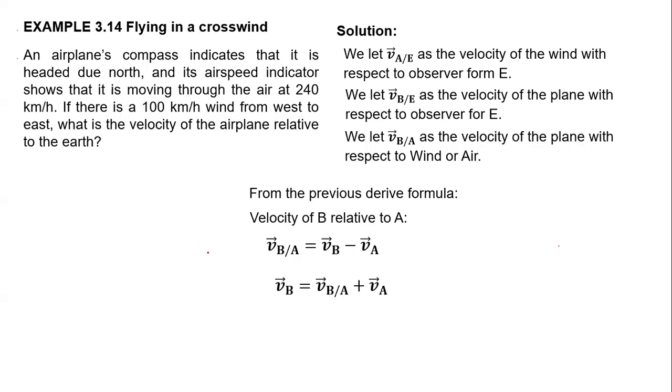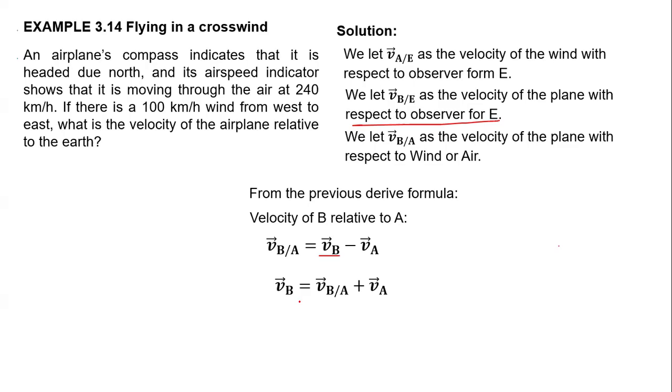Here, we can rearrange this since we want to know the velocity of the plane with respect to the observer from the earth. So our target is VB. VB is just the velocity of the plane with respect to the air or the wind plus the velocity of the wind with respect to the observer.